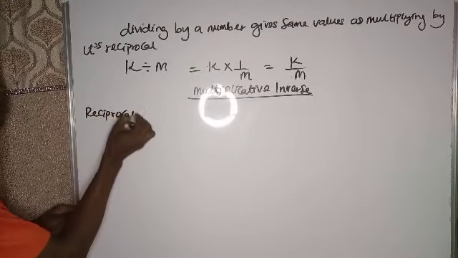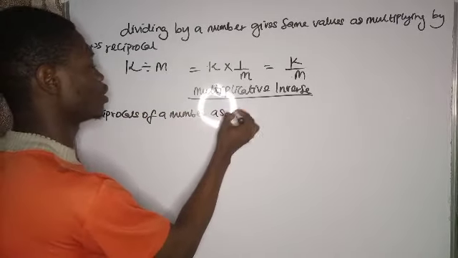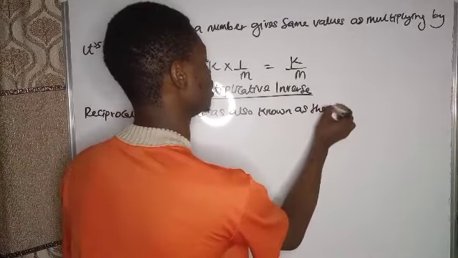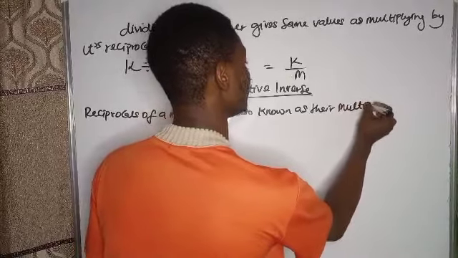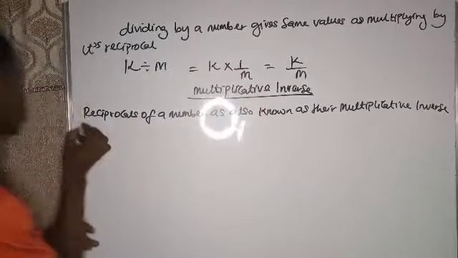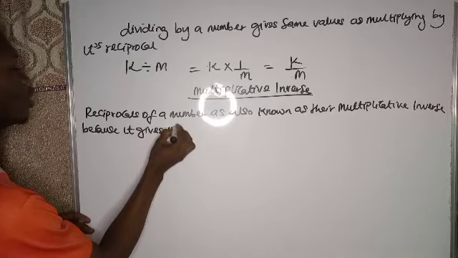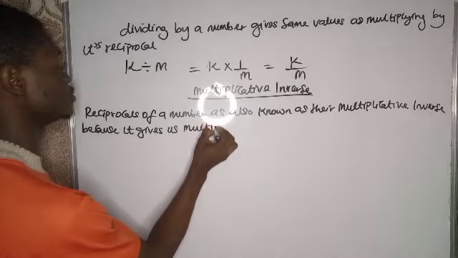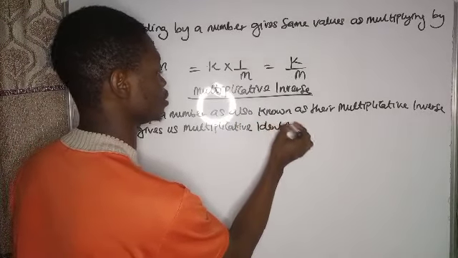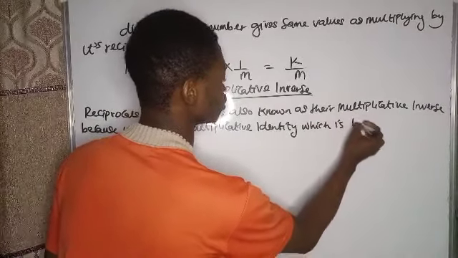Reciprocals of a number are also known as their multiplicative inverse because it gives us multiplicative identity, which is 1.